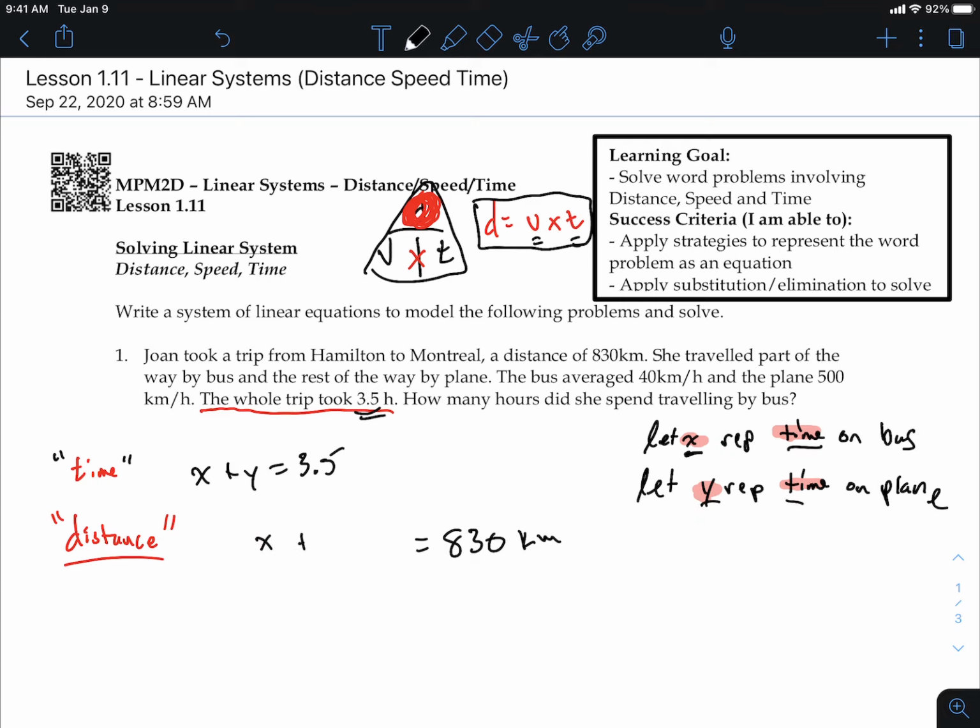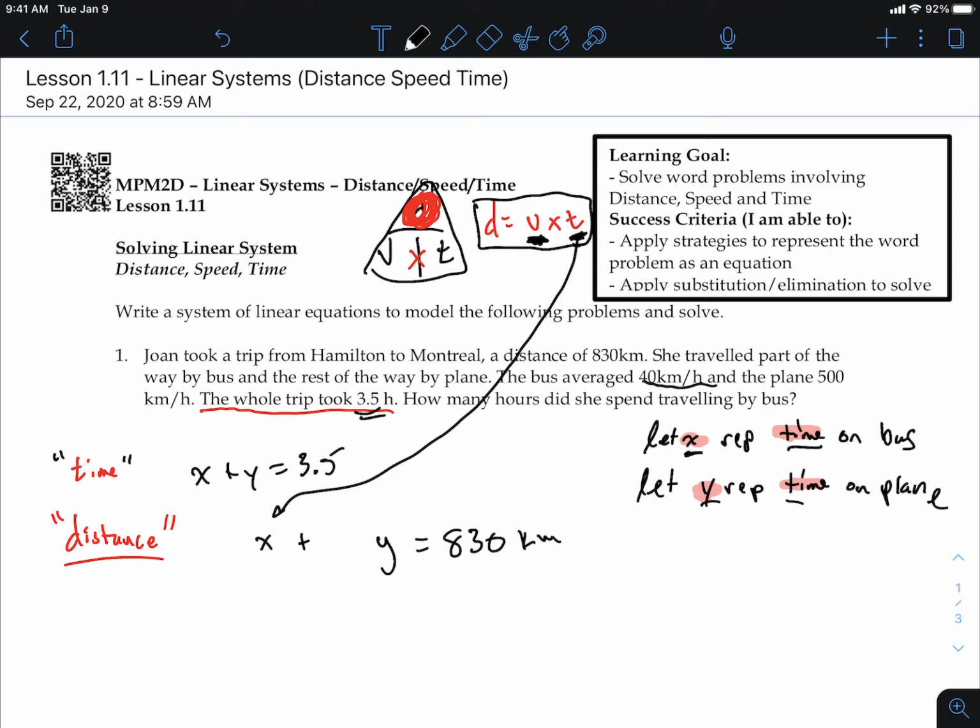X plus y. But in the question, it also told me something about their speeds on each mode of transportation, right? So the bus averaged 40 kilometers per hour. Well, there's my speed. The variable represented the time.